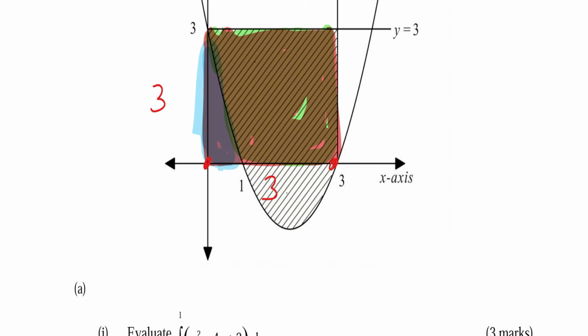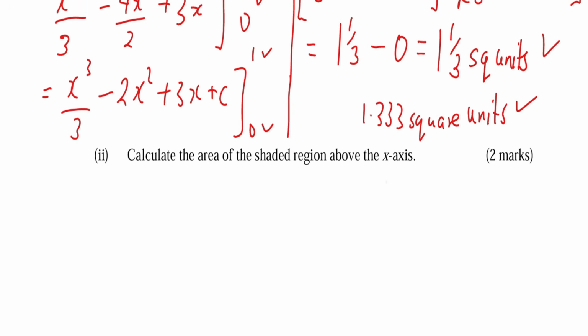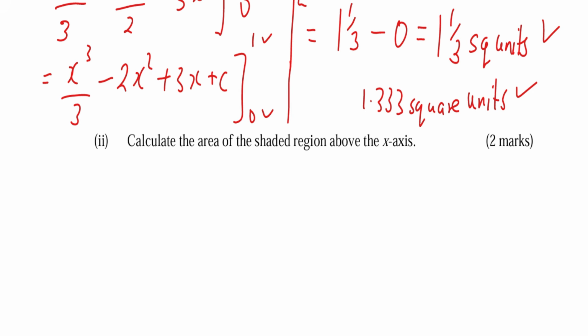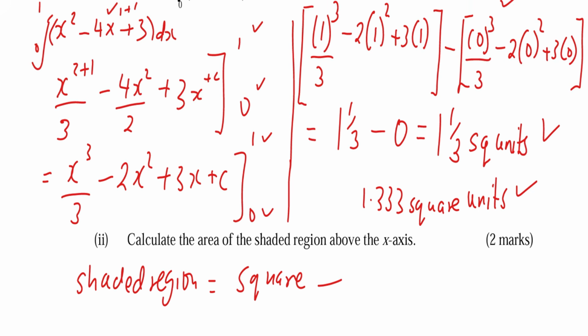So 3 minus 0 is 3, and 3 minus 0 on the x-axis is also 3. So let's find the area of the square. The shaded region is given by the area of the square minus the one at Roman 1.